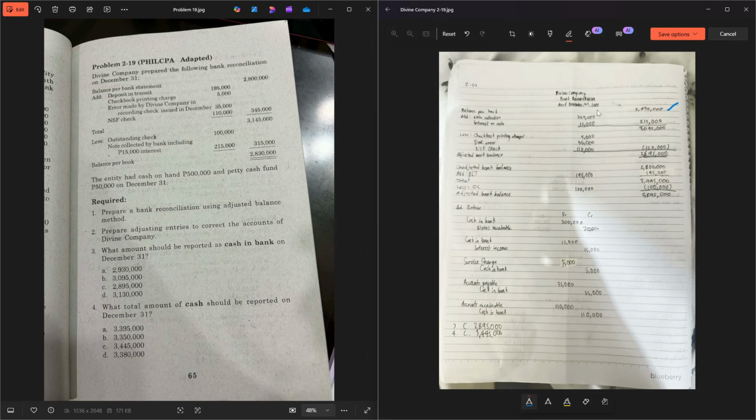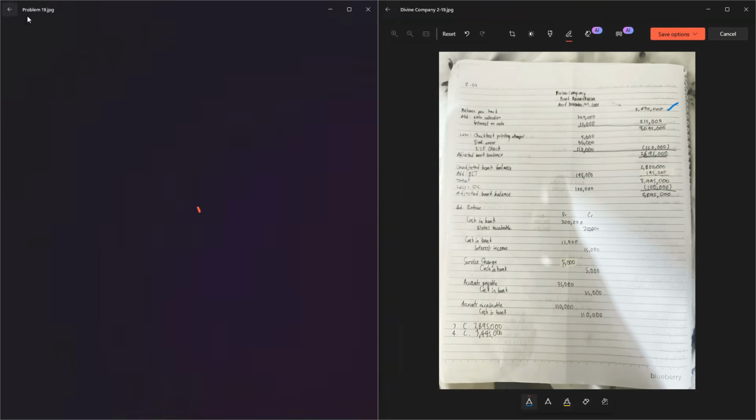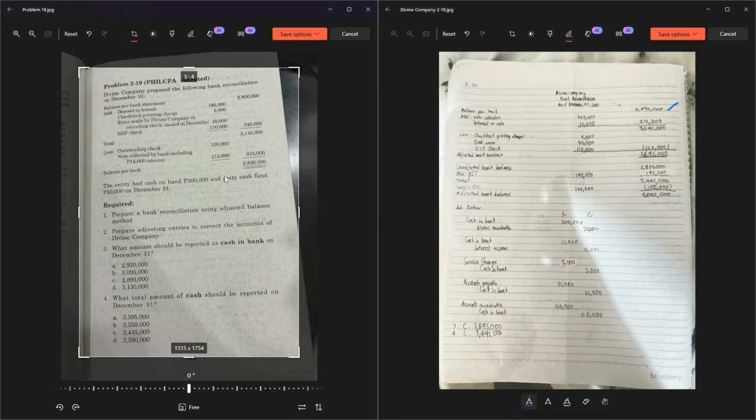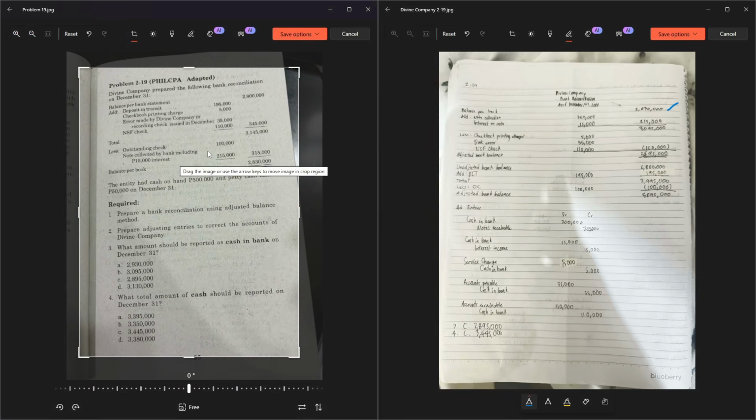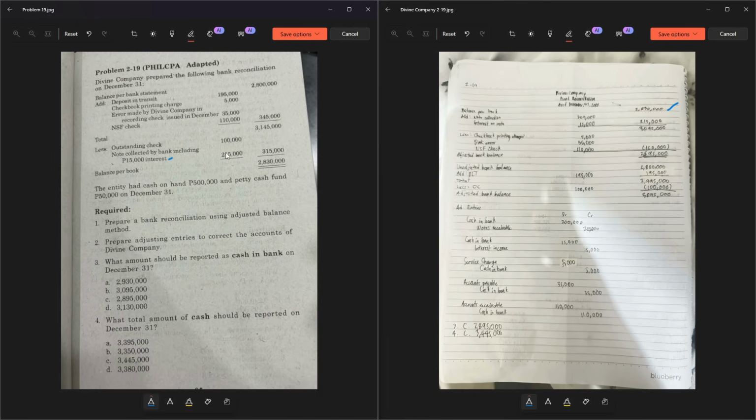Then you add the note collection of 200,000 and the interest on note of 15,000, which are stated here.